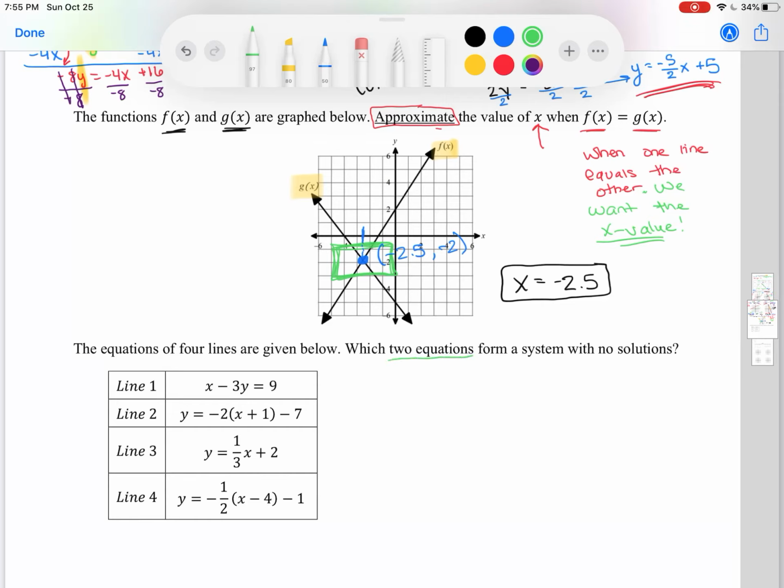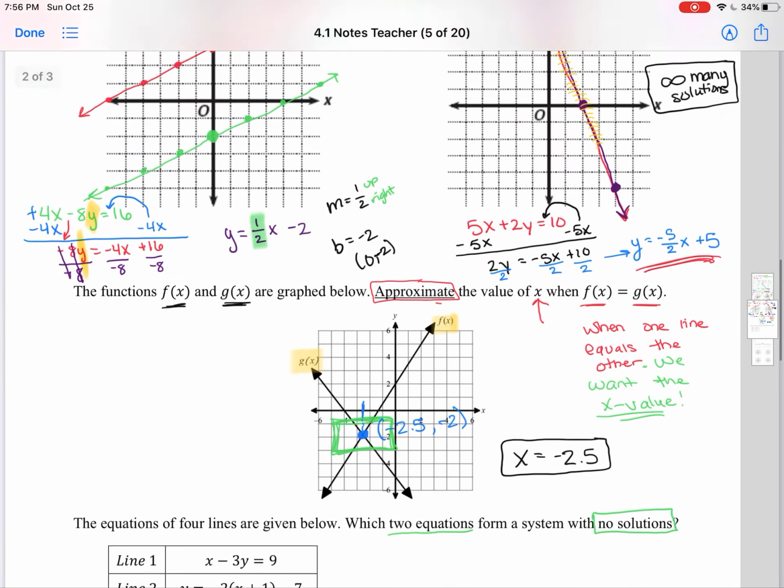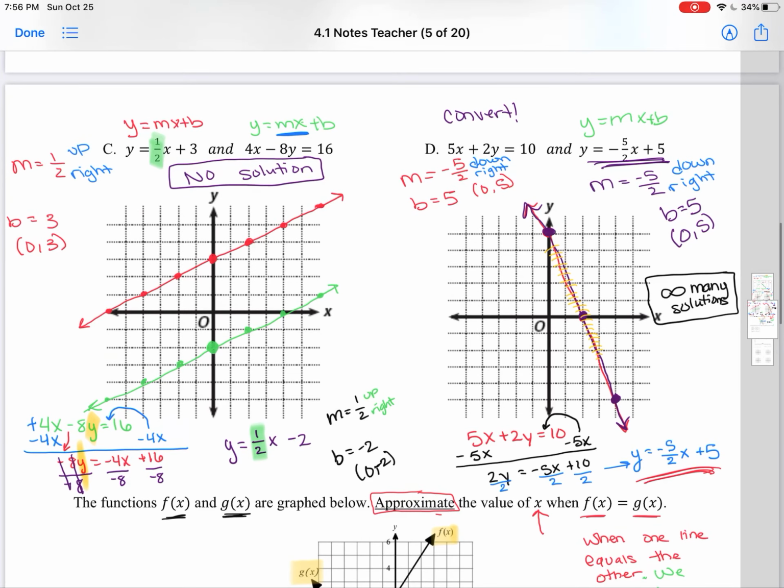All right. Another question you might see on your final is the next one here where it says the equations of 4 lines are given below. Take a look down. You have 4 lines. They're all different functions. But it says which 2 equations, so we're going to only choose 2, form a system with no solutions. We just talked about a system with no solutions.